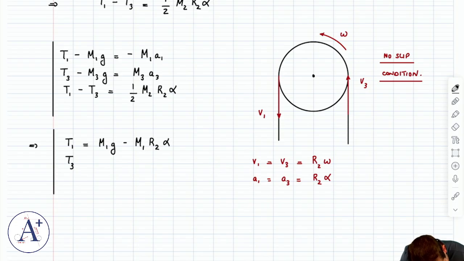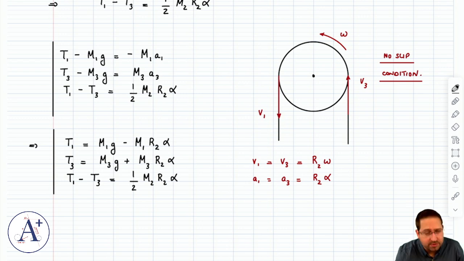T3 is equal to M3G plus M3A3, but that's R2 alpha. And then T1 minus T3 is equal to 1/2 of M2 R2 alpha. I'm going to leave it like that because I am solving for alpha.